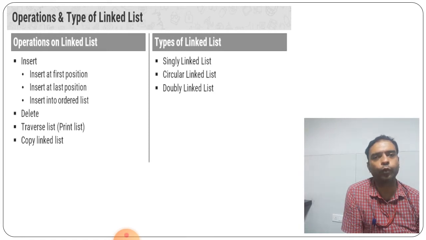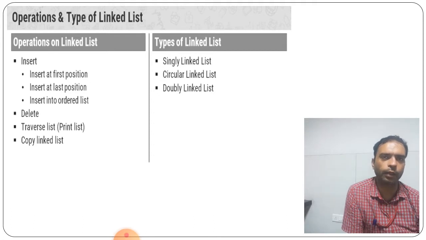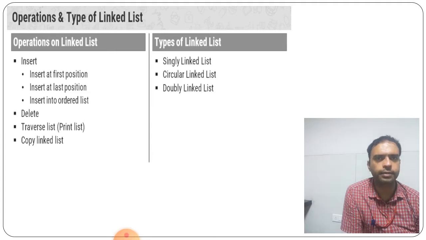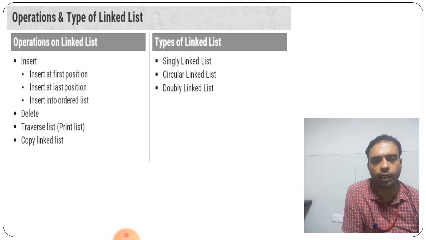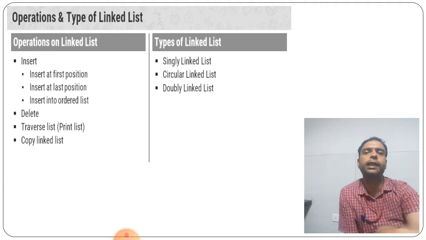Suppose 1 and 4 and then 5 are given, so 2 will come between 1 and 4. So to insert into an ordered list, we have to insert by comparing which one is greater and which one is lesser, and finally arrange the nodes in sequence. That is insert into an ordered list.